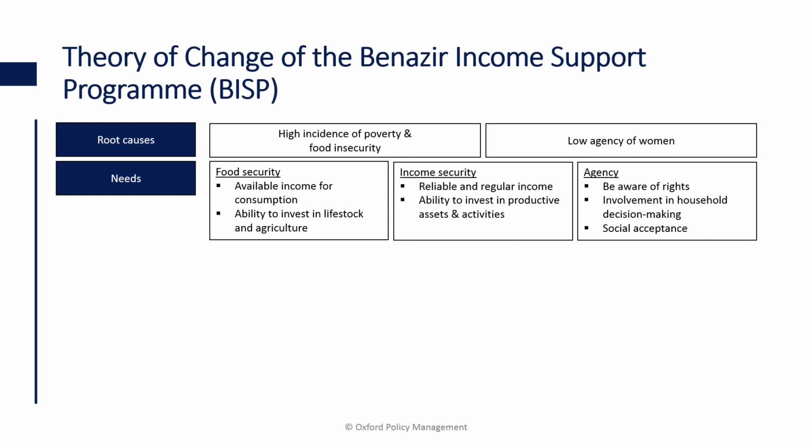Why do we need this program or intervention? In the context of Pakistan, poverty, income and food insecurity, and the low agency of women, or the empowerment of women, has been put as a major reason behind the need for programs like BISP.